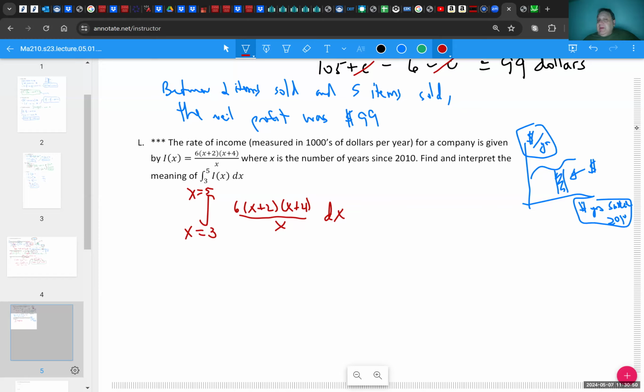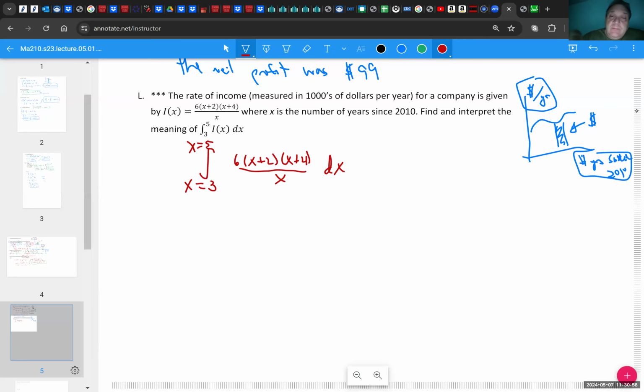It's not true with multiplication or division, but definitely with addition and subtraction, we have that sum difference rule for differentiation as well as for antidifferentiation. All right, well, x plus 2 times x plus 4. I'll do a little side work over here. We'll do this as a demo. We can do some side work.